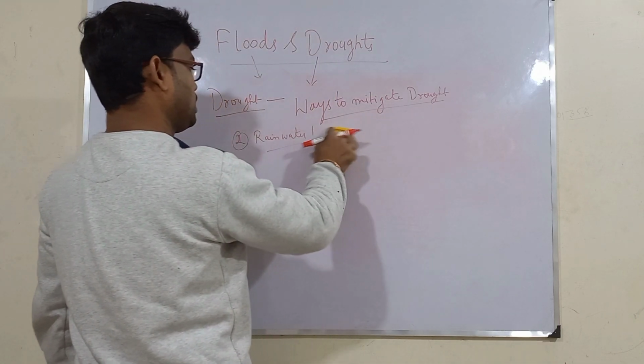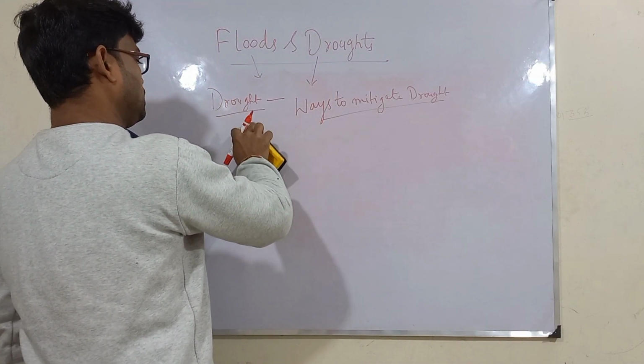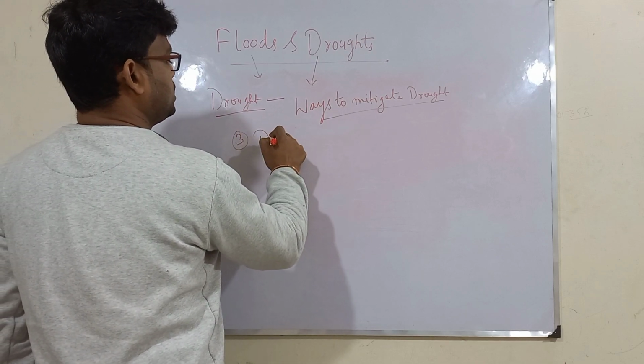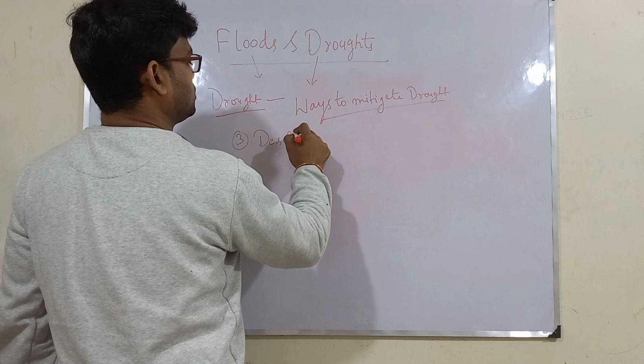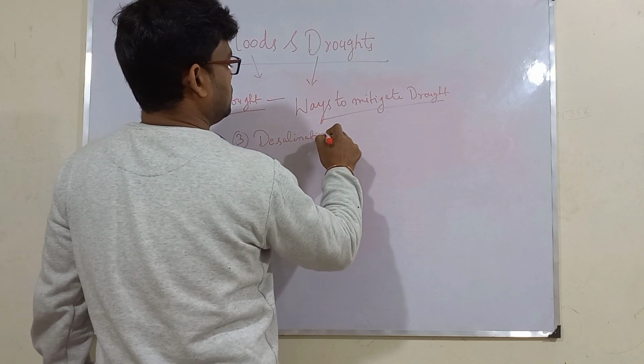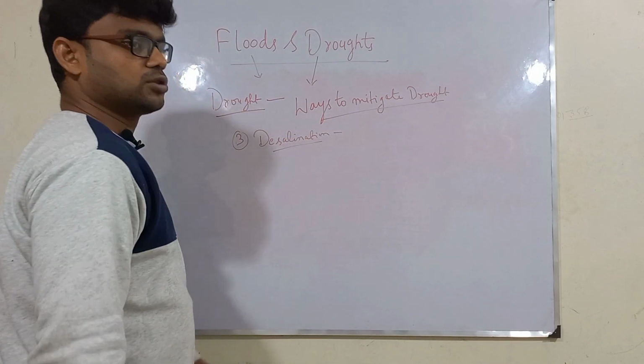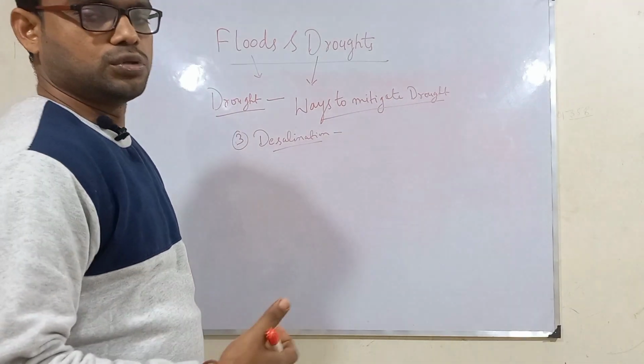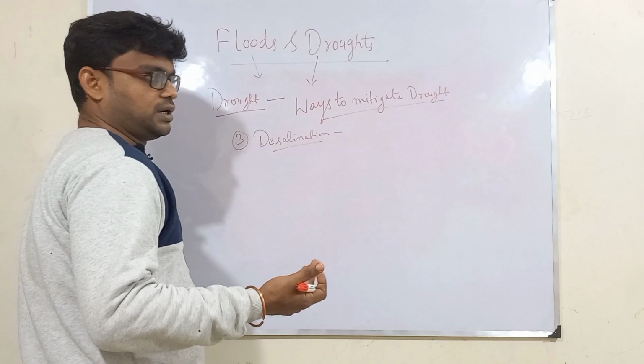After this rainwater harvesting, third one is desalination. Now desalination means removing the salt from the ocean water and making that water fit for usage, meaning drinking and different other purposes.